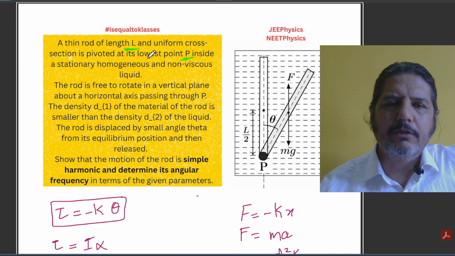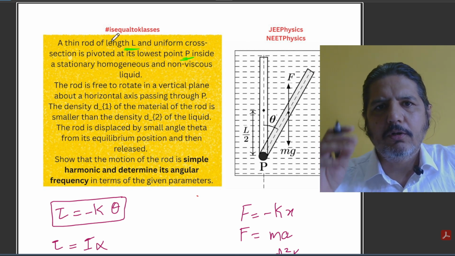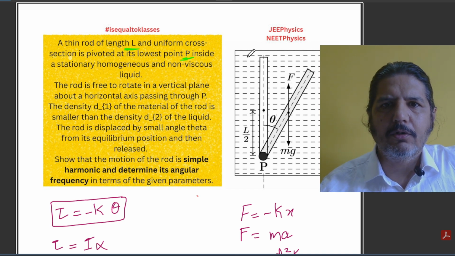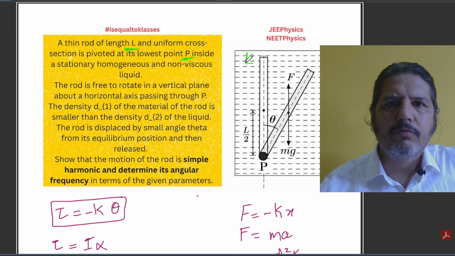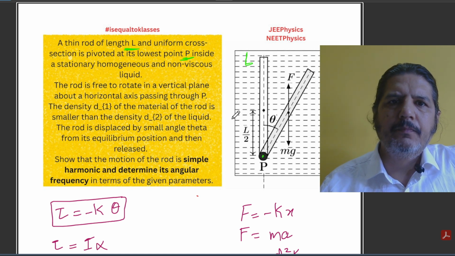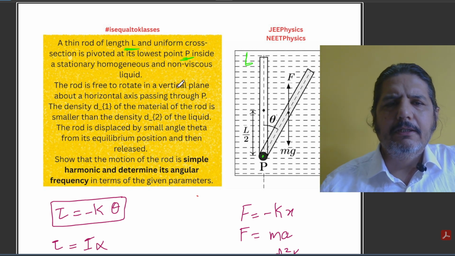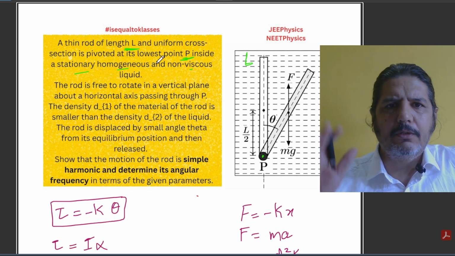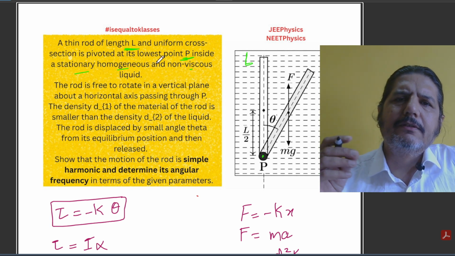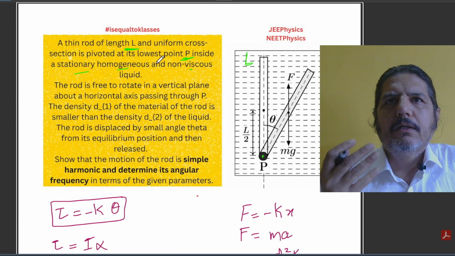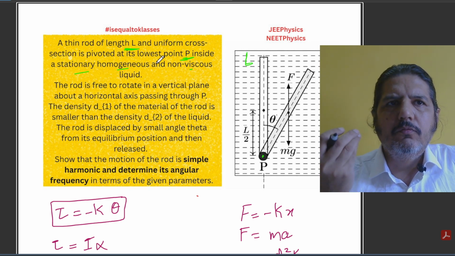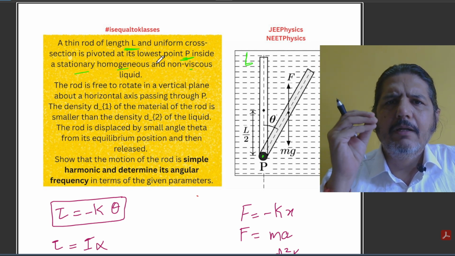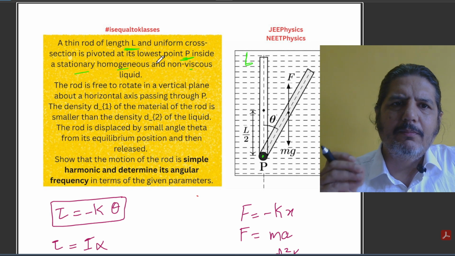In the first line, what they are saying is there's a thin rod of length L and uniform cross section area pivoted at the lowest point P in a liquid. That liquid is stationary, it's homogeneous, it's non-viscous. Non-viscous liquid implies, in very simple terms, minimal resistance. So that is what is happening.